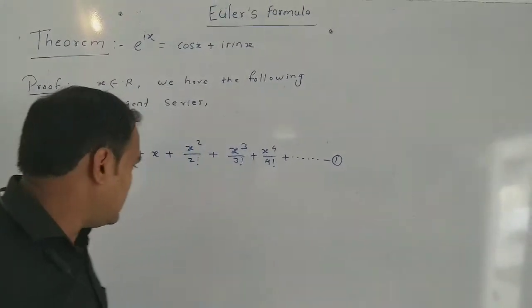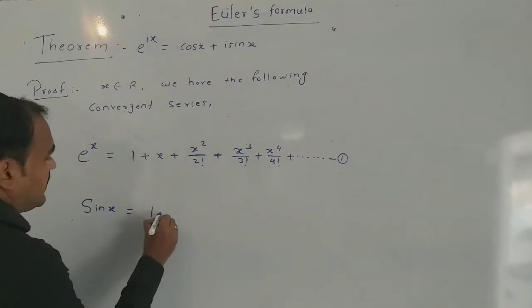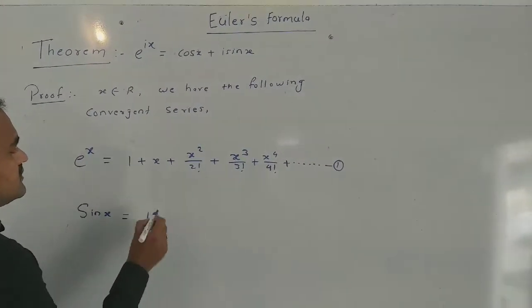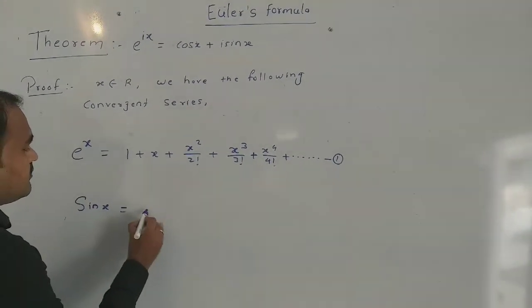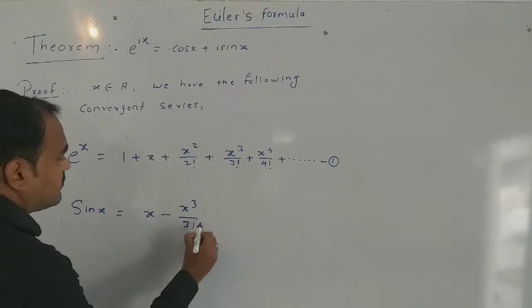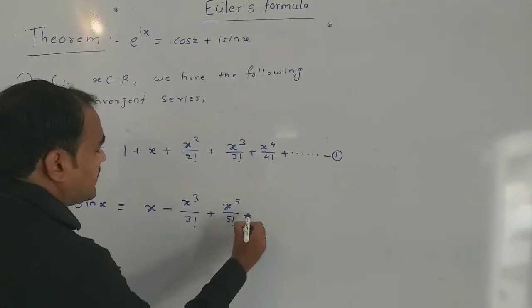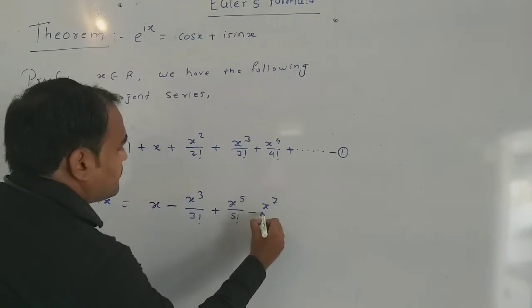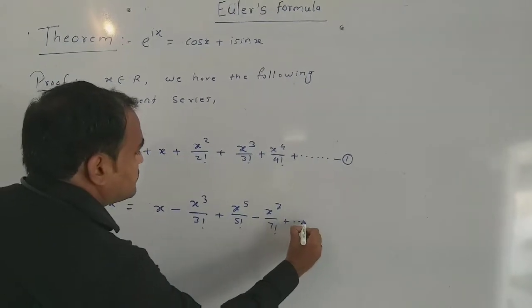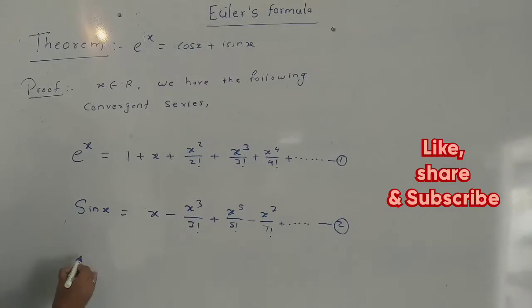So here sin x is equal to x minus x cube upon 3 factorial plus x to the power 5 upon 5 factorial minus x to the power 7 upon 7 factorial plus and so on, and this is equation number 2.